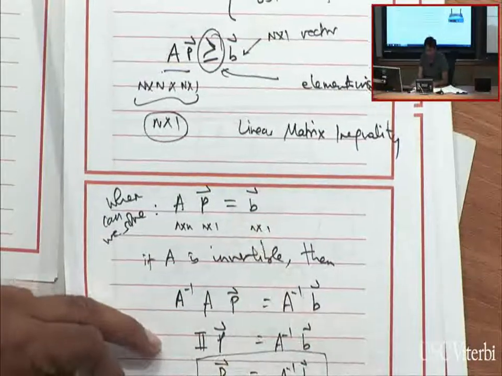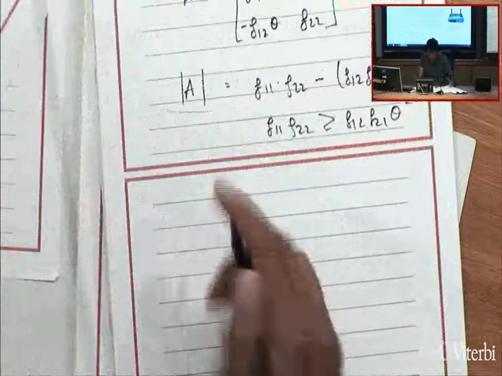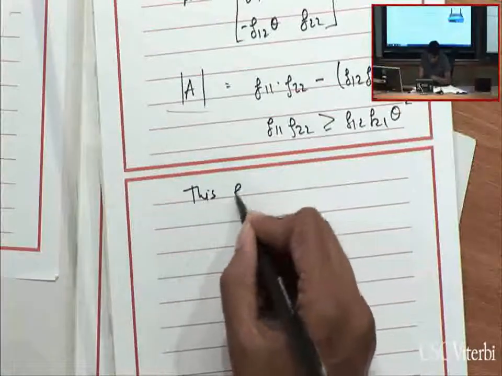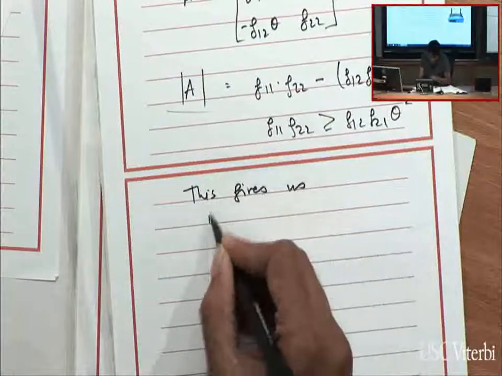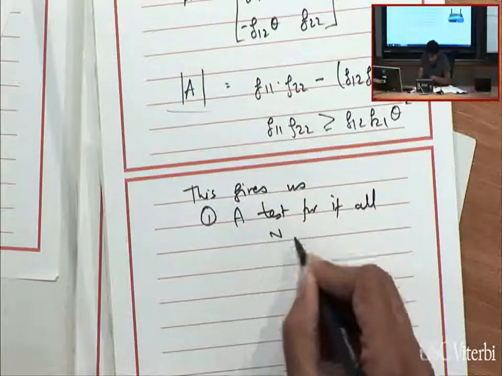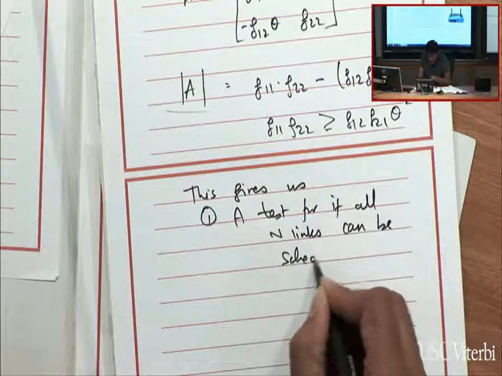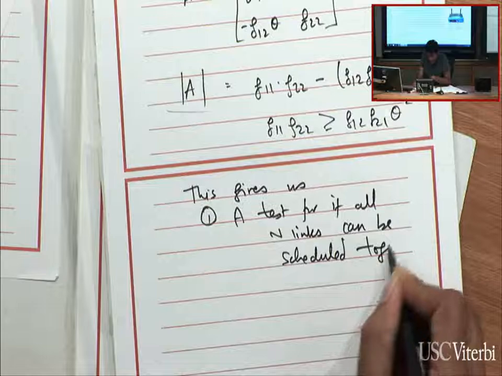It's like that minimum power point we found for the two-user case. So this gives us a test for if all n links can be scheduled together.